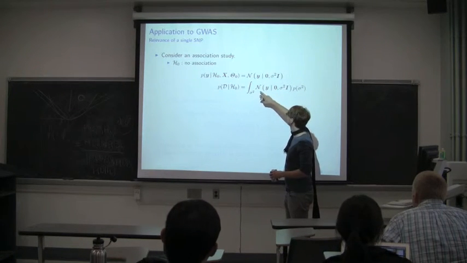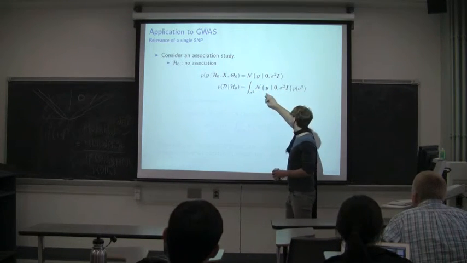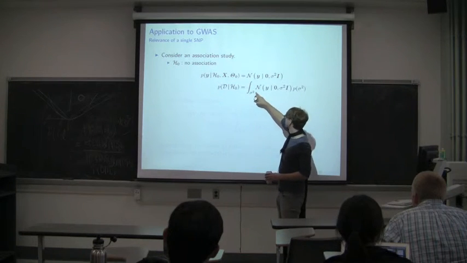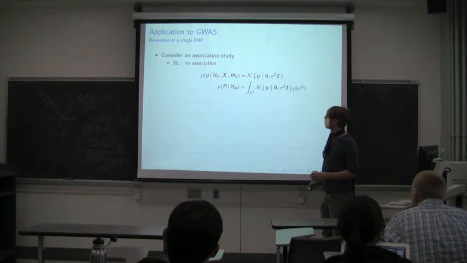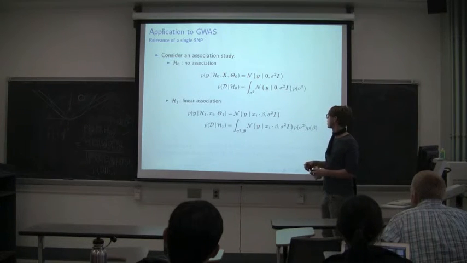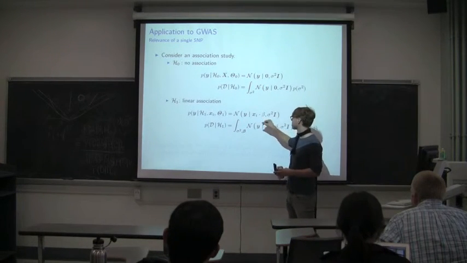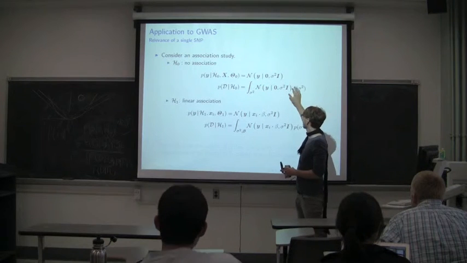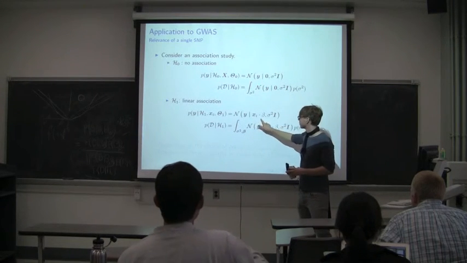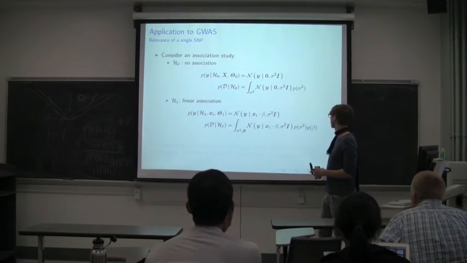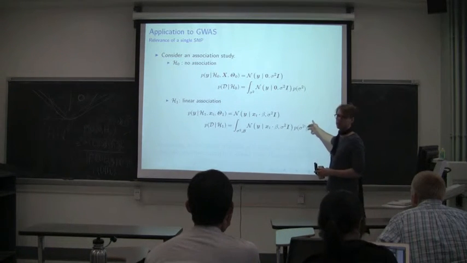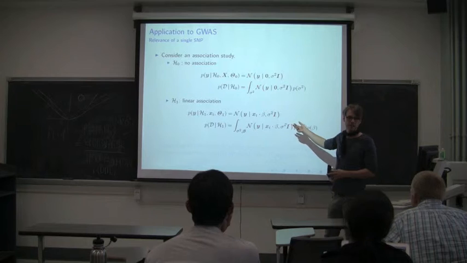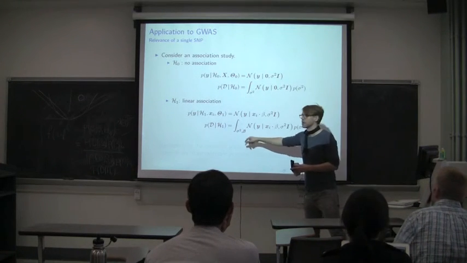It's zero mean, and now our model is only sigma squared, so that's our prior here. Where our alternative model is there is an association to a SNP, then we can compare that model to a model that has a linear function in that SNP. And now we have a more complex model because it has two parameters, and we have to integrate over the two parameters.